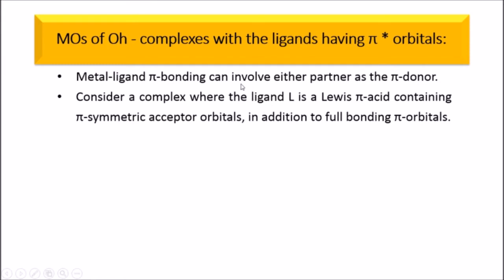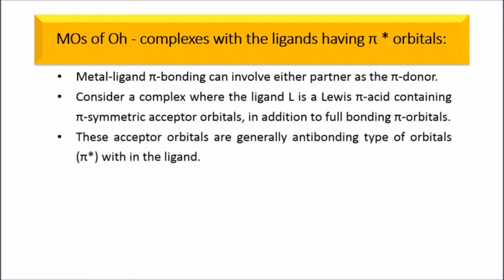In the interactions we have discussed, sigma donation and pi donation in octahedral geometry, the metal always acts as an acid. Now here the metal acts as a base and will donate electrons back into the vacant pi star anti-bonding orbital of the ligand. So this interaction is a little bit different compared to the earlier one.